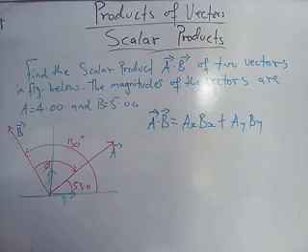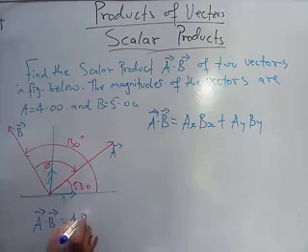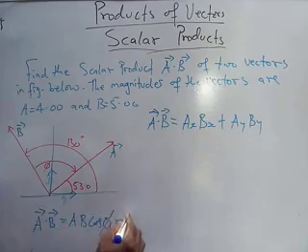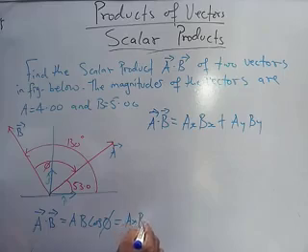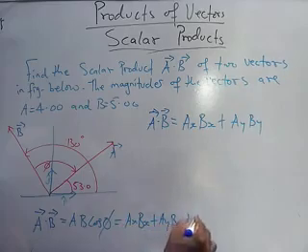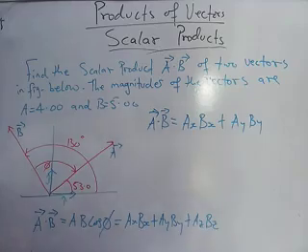So we have two formulas. I gave you guys vector A dot vector B equals AB cos phi or AX BX plus AY BY plus AZ BZ.